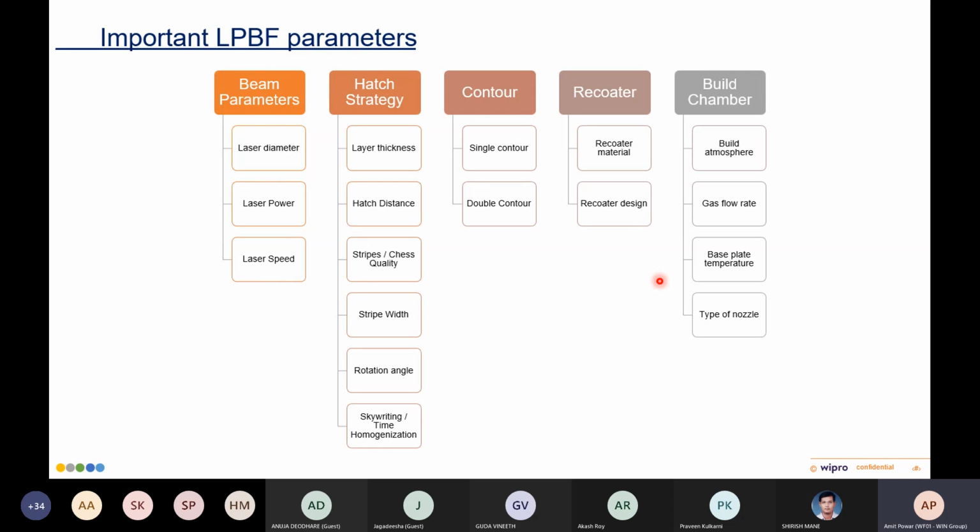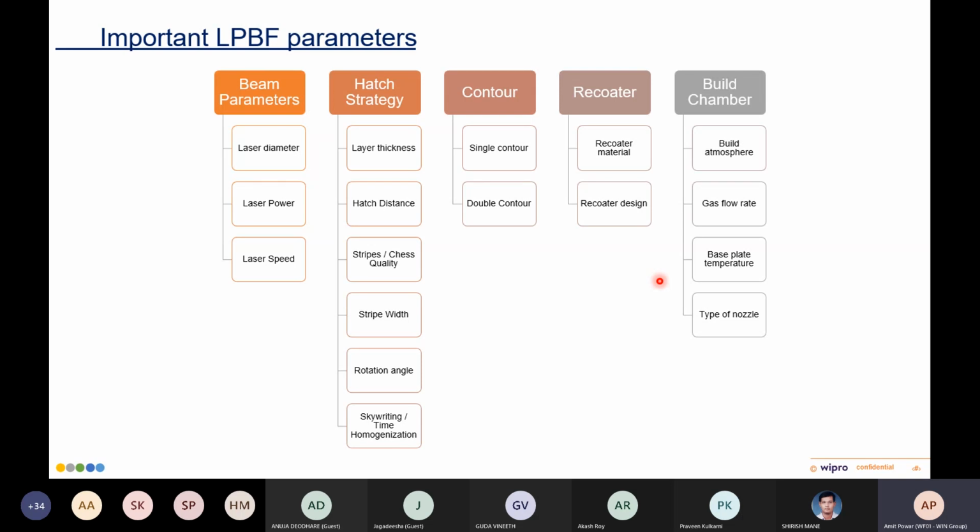Then some parameters related to hatch strategy are layer thickness, hatch distance, and stripes or chessboard. These are basically the hatching strategies. Then strip width and rotation angles.